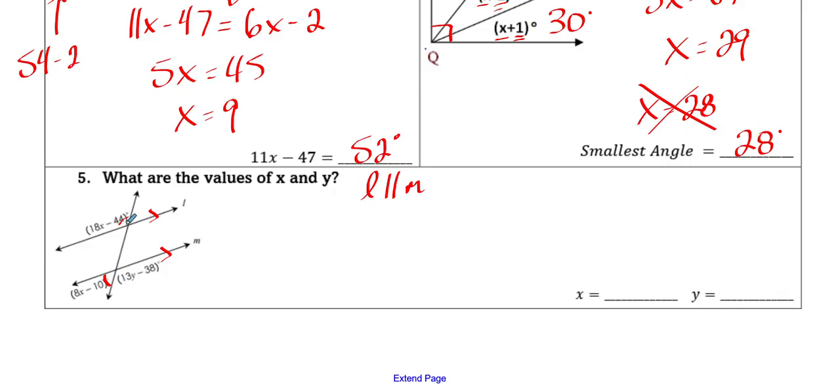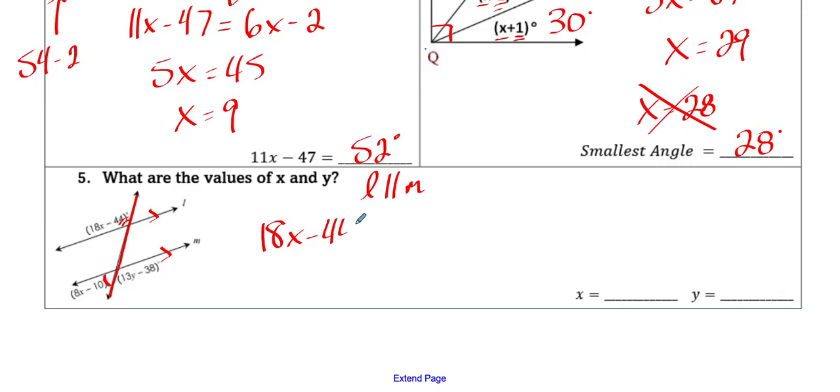This angle and this angle. Those are not congruent. Those are supplementary because they're consecutive exterior angles. When I say consecutive, I just mean that they're on the same side of the transversal. That's the transversal. They're on the same side. Exterior means they're on the outside of the two parallel lines. I know that those are supplementary.